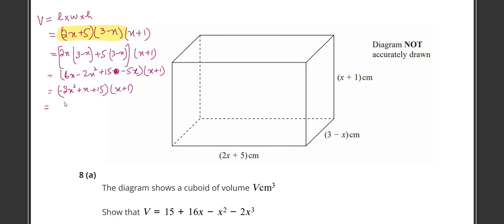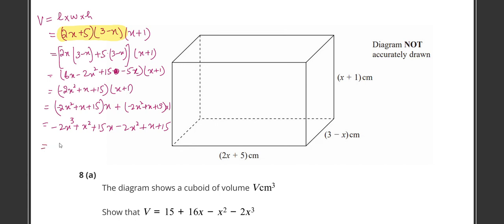Now you will first multiply this x with this whole thing: minus 2x squared plus x plus 15 into x. Then this plus 1 will be minus 2x squared plus x plus 15 into 1. Therefore, it will turn out to be minus 2x cubed plus x squared plus 15x minus 2x squared plus x plus 15.